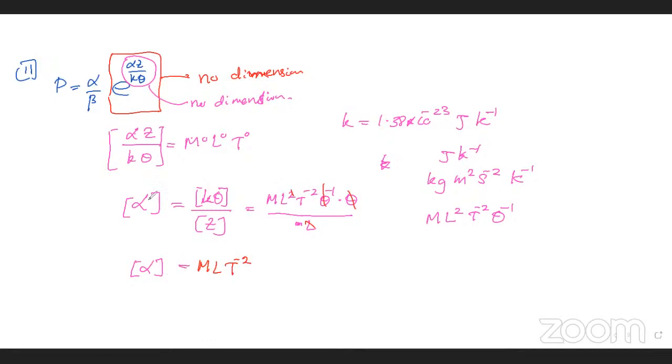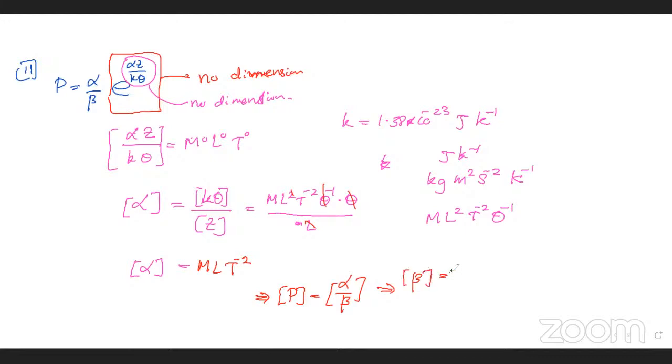This is alpha. And the dimensions of pressure should equal the dimension of alpha over beta. That's why I found alpha. If you know alpha and pressure, then you can find the dimension of beta.